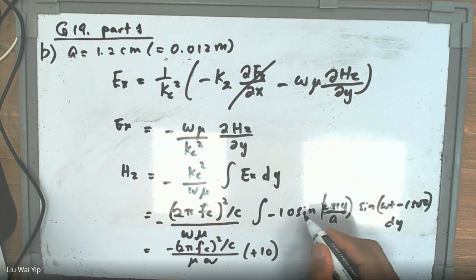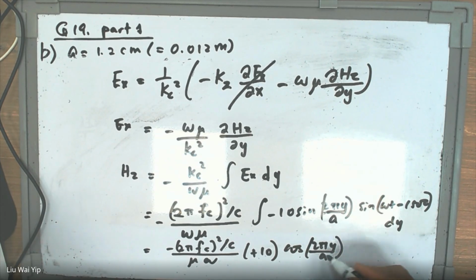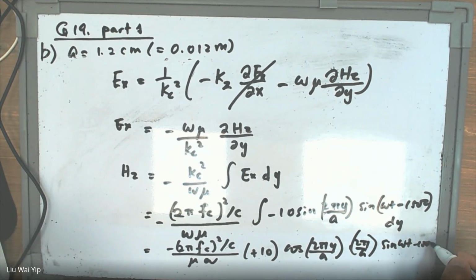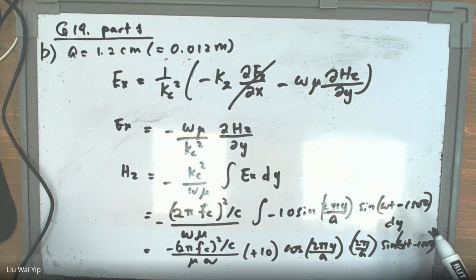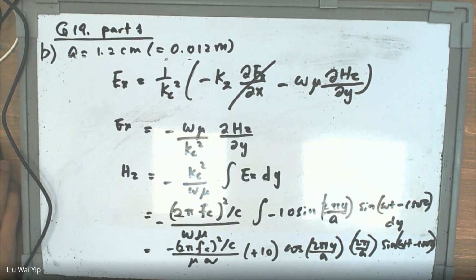So minus, and this minus, and then you need to do pi y over 8, and somewhere here you need to multiply one more time, 2 pi 8, and then the sine omega t minus 150. So this is the way we get the equation. If you do it very carefully, let me see. So this is e of y.